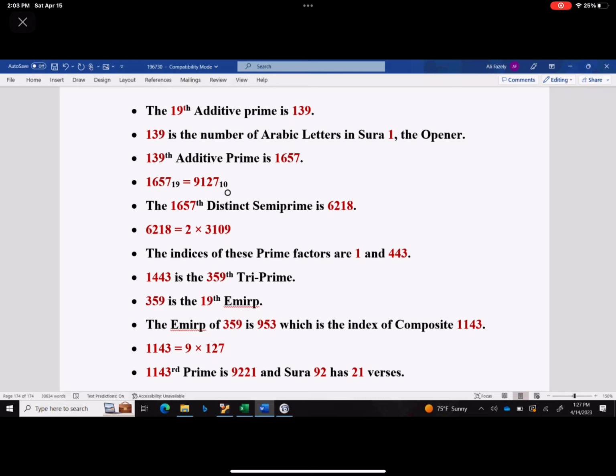That's why you cannot do the Al-Fatihah in your mother tongue, because you cannot do this. This whole thing is based upon the fact that you do the Al-Fatihah in the Arabic language, which has 139 verses. I'm sorry, letters, Arabic letters. This is the beauty of it.